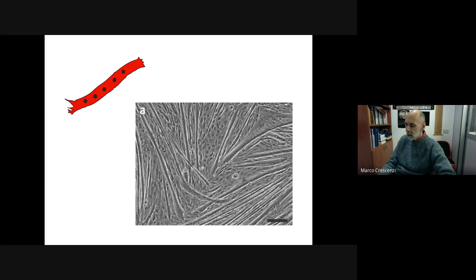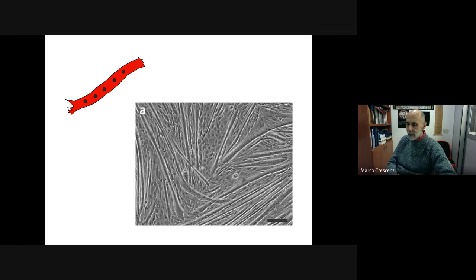So at some point, a long time ago, we wondered whether these cells were totally unable to respond to proliferating stimuli, or whether they were able in some way to sense them and give a limited response to them.